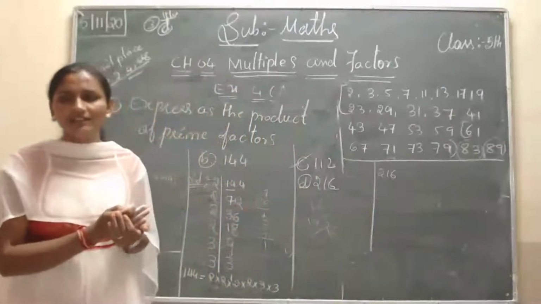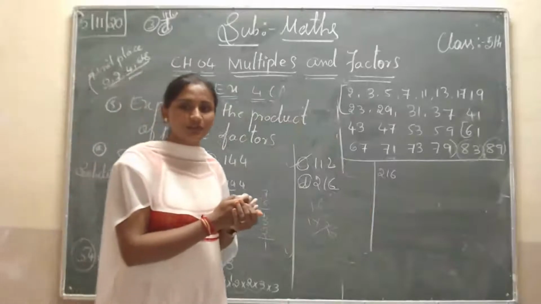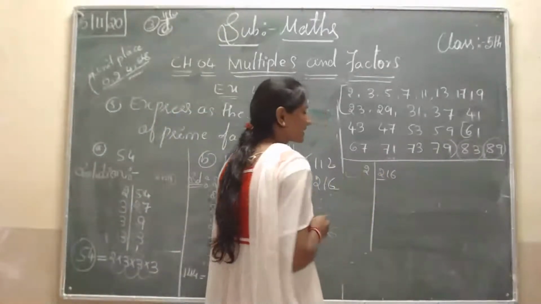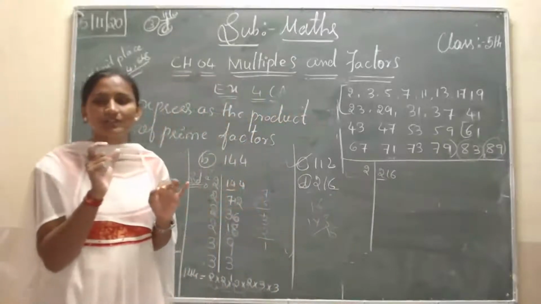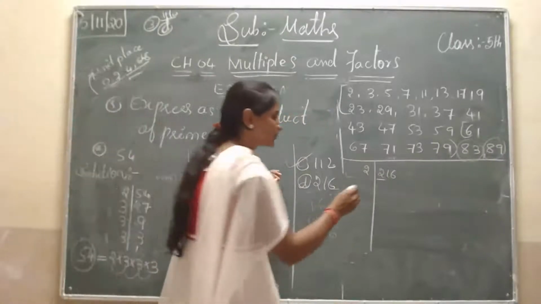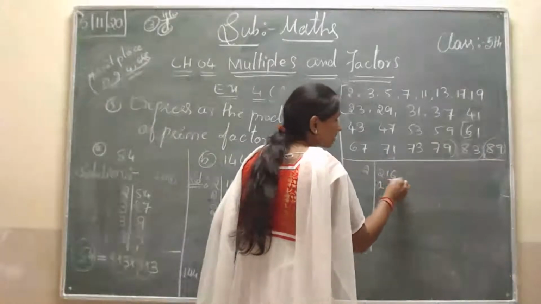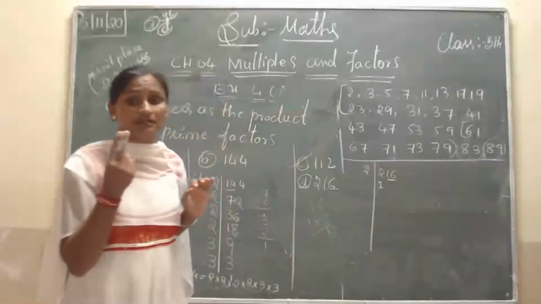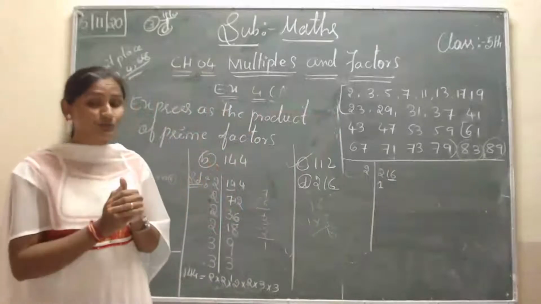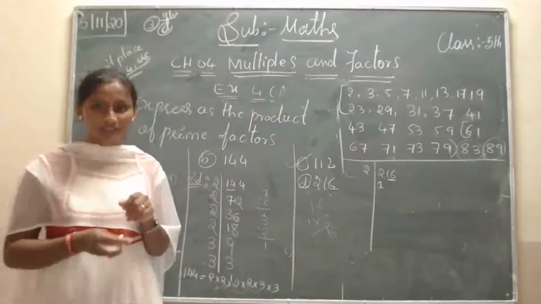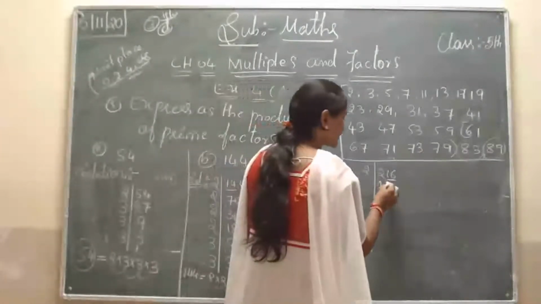Take the smallest number, not 1, you have to consider 2. 2 ones are 2. Next you have to consider 2 digits. That is one rule: first you have to write the 0.